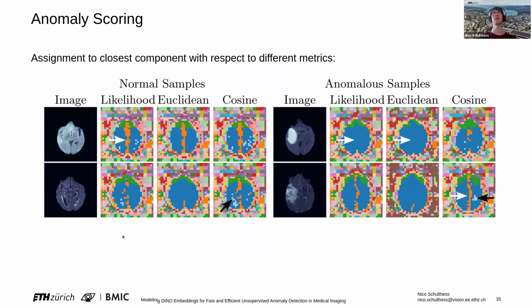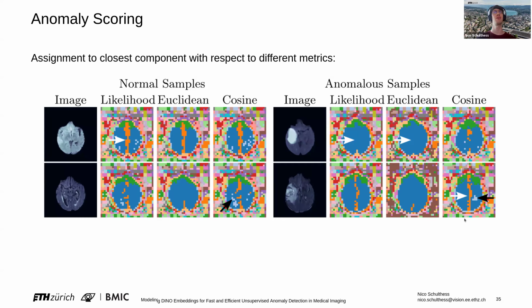When you compare through all the different metrics, you will find that some structures are present in some of the images. For example, this orange component here at the center line of the brain is present in this image. However, it's absent in this image here for the likelihood. But for the cosine distance, it is usually more or less retained for all the images.